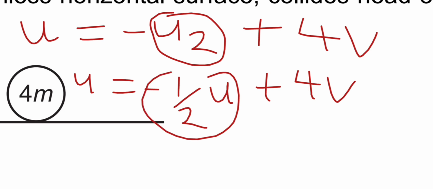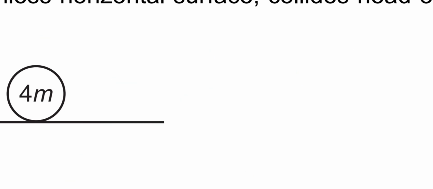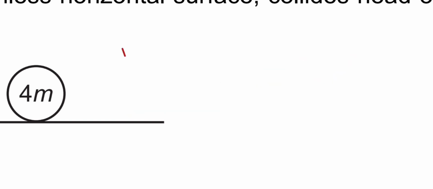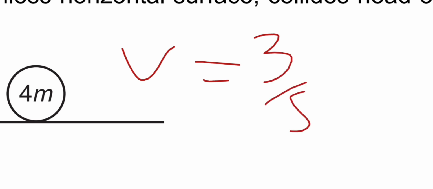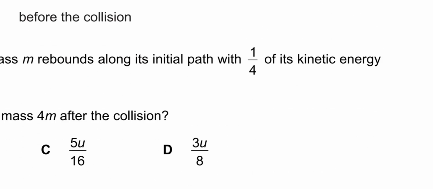So if this goes to the other side, I end up with 3 over 2 u is equal to 4v. Okay, let's clean that up. So if I say 3 over 2 u and I divide by 4, that should be equal to v. So my v will be equal to 3 over 8 u. So my answer will be D.